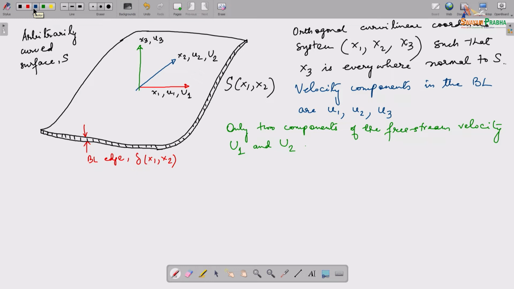So this is more or less the definition of the geometry that we're looking at now. So we're looking at the 3D boundary layer.